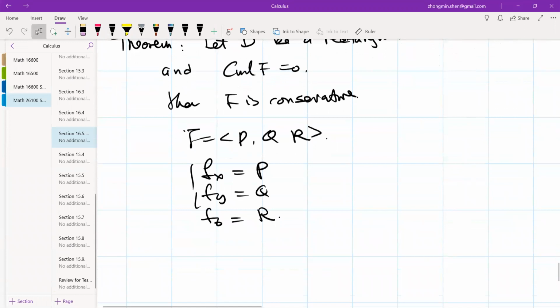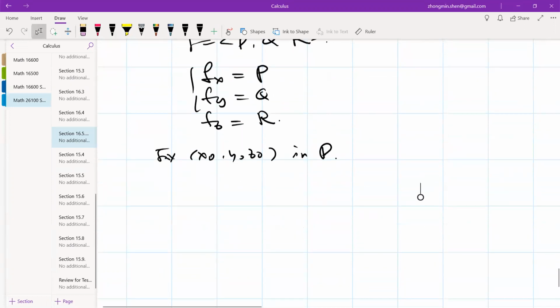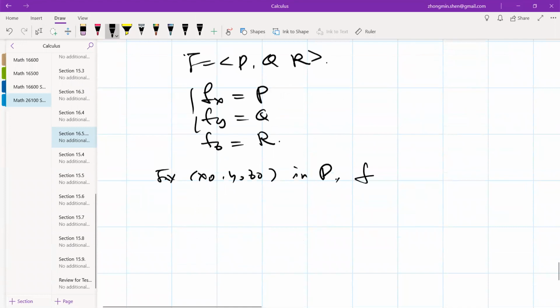Because it's a box, you can always fix a point x0, y0, z0 in D, and then for an arbitrary point x, y, z in D, I just integrate.